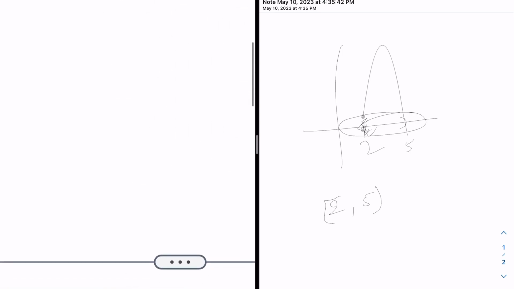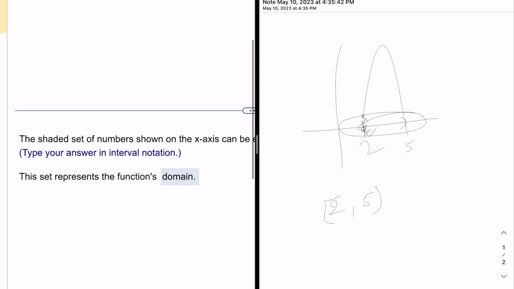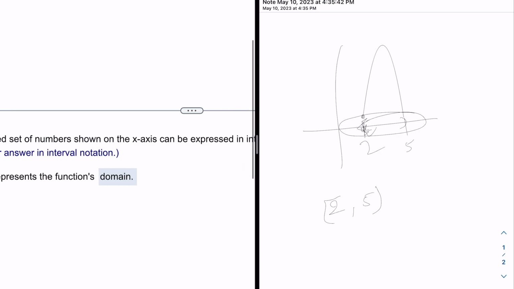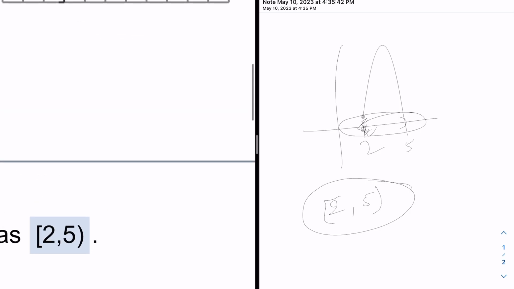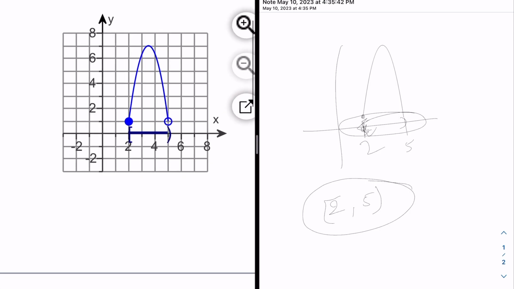And another question is, this set represents the function. So what is this called? 2 to 5 is called the domain. In a function, every x coordinate is the domain. This is the x coordinate, this is the y coordinate.